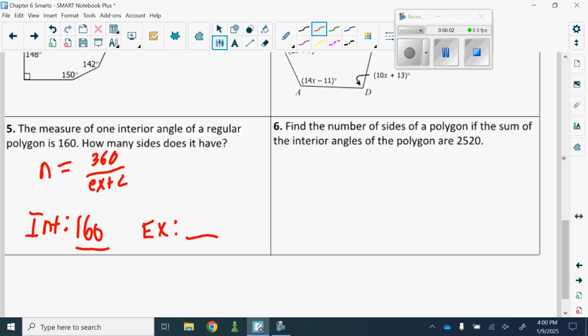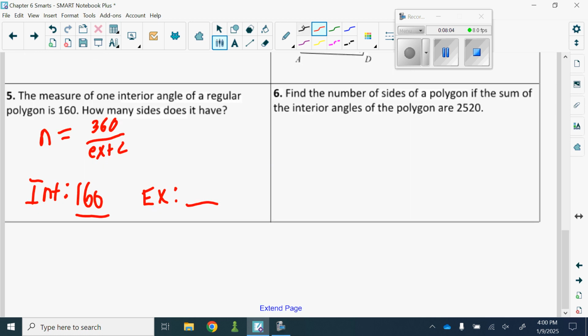Well, let's imagine this real quick. Let's draw a shape. I'm just going to draw a pentagon. Assume this is regular. I'm not Picasso, so you're going to have to pretend a bit.